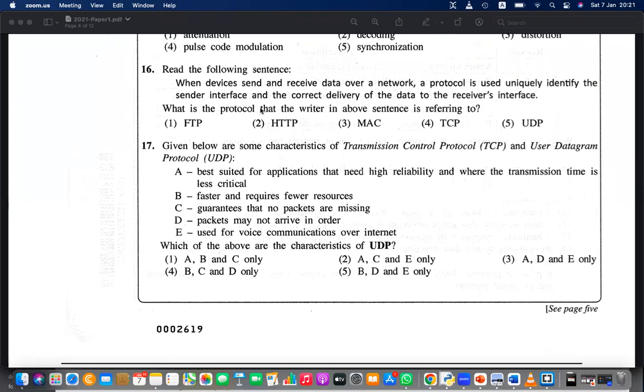Identify the sender interface and correctly deliver the data to the receiver's interface.